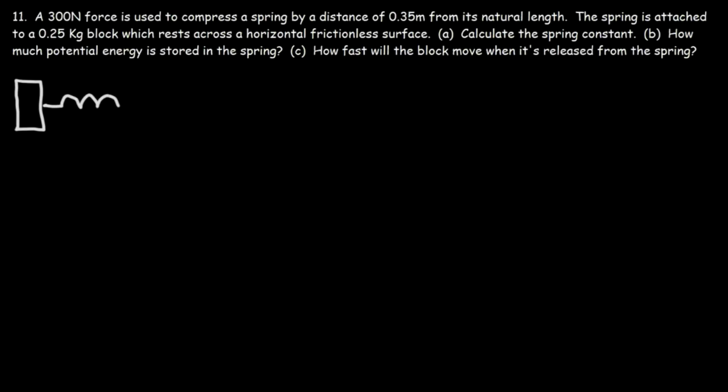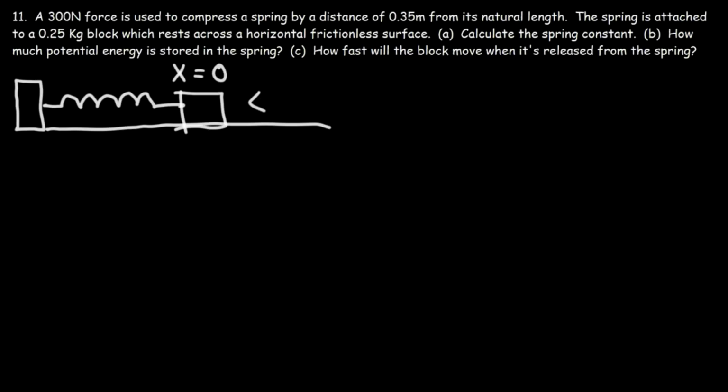So let's say this is the spring, and this is the block attached to the spring. And right now, let's say it hasn't been compressed. So it's in its equilibrium position, which means x is 0. Now, we're going to apply a force of 300 newtons to compress the spring.